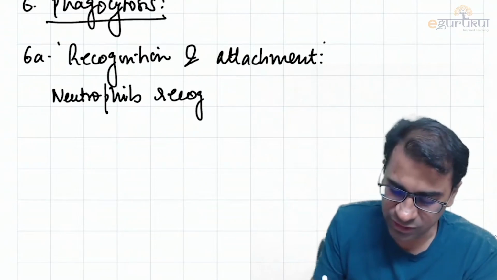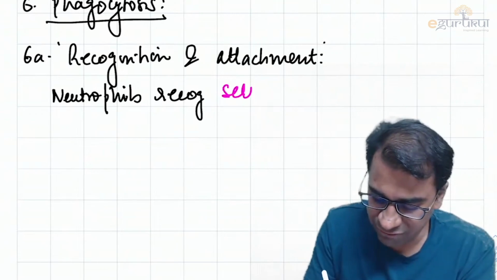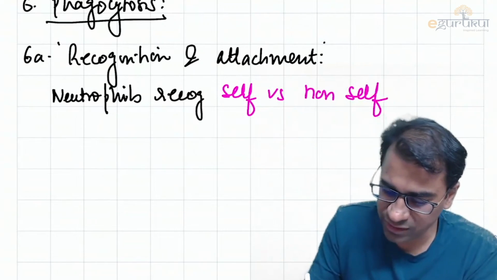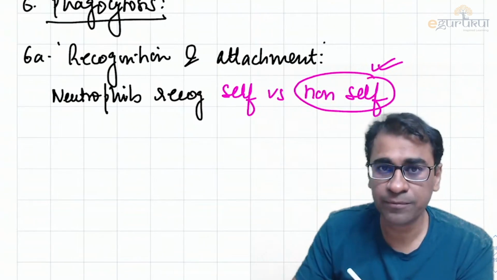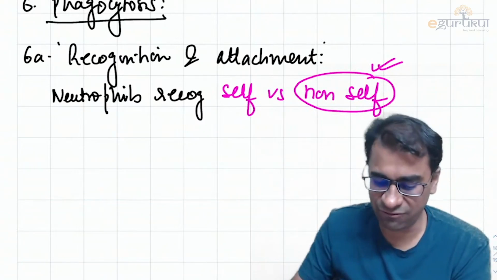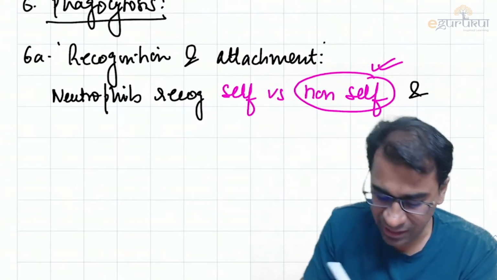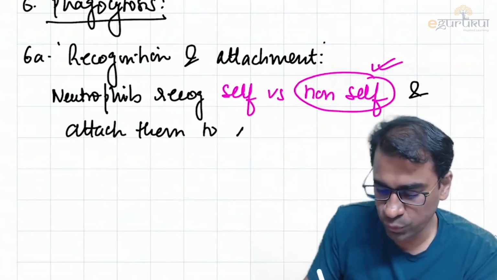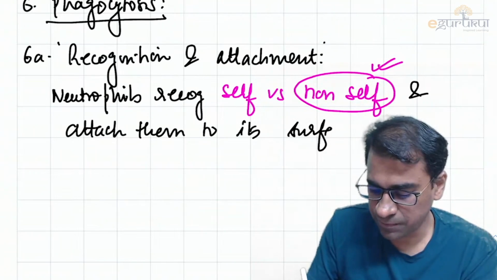They recognize self versus non-self. They recognize non-self because this is foreign, and don't attach the self. They recognize self and non-self and attach them to their surface.